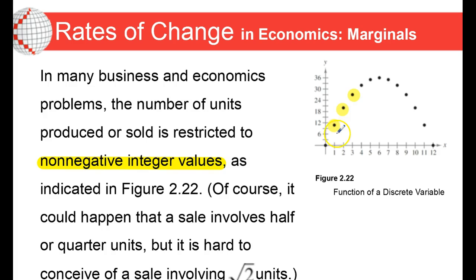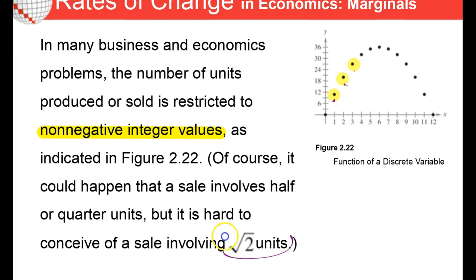So in the real world, usually we're talking about units produced and sold that are just integers. You're probably not going to produce the square root of 2 t-shirts, although we could, but usually we're integers.